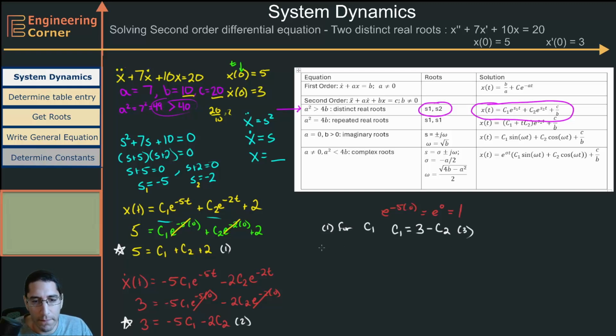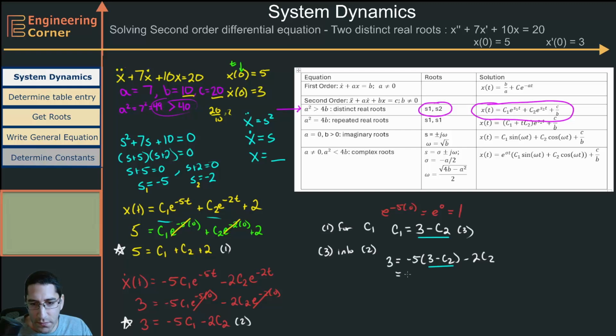Then I'm going to substitute 3 into 2, and I'll get 3 is equal to minus 5 times 3 minus C2. So I substituted this equation in right here. And then I have minus 2C2.